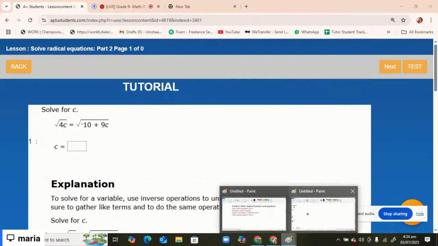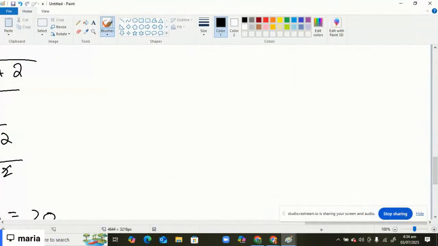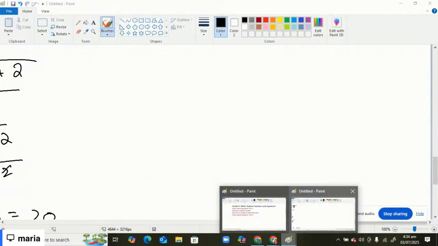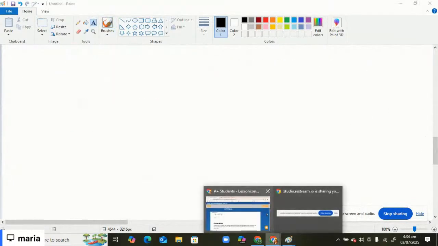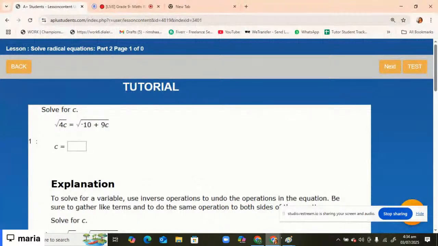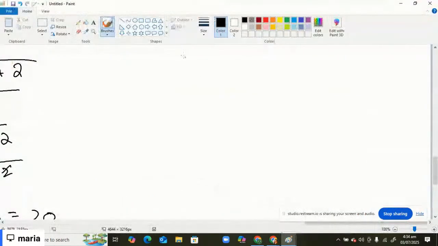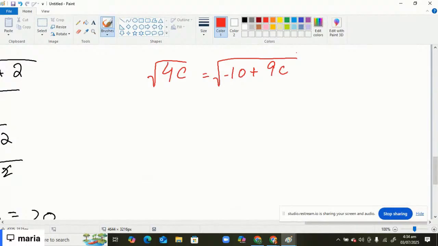Let's write 4C is equals to 10 plus 9C. This is our question.